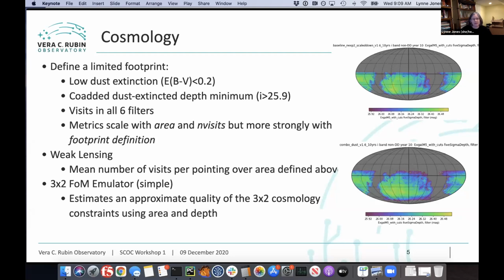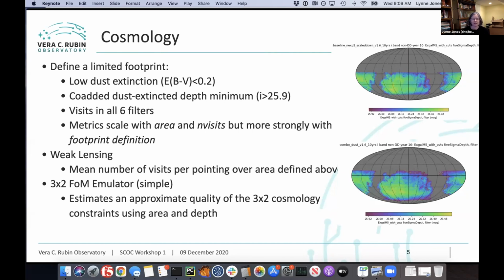The idea here is that in order to do extragalactic science, it's better to define a particular footprint which has low dust extinction, to avoid errors coming from photometry corrections from dust extinction, that has a minimum co-added dust extincted depth in i-band, and it has visits in all 6 filters.